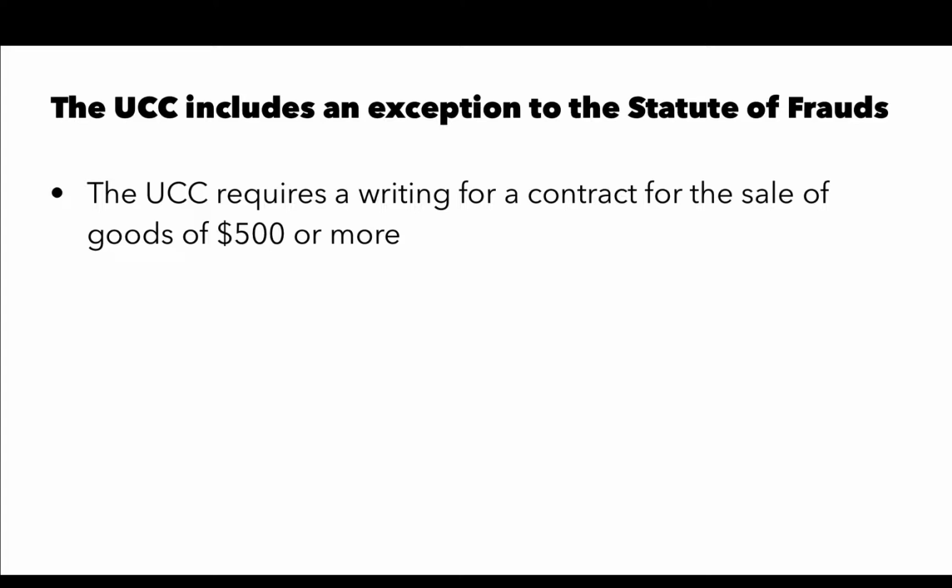There was a large movement back in 2003 in which the drafters of the UCC suggested $5,000 would more accurately reflect the intent of the original UCC of a big contract requiring a writing. Nevertheless, no state adopted that, and therefore we are still using this 1940s figure of $500.